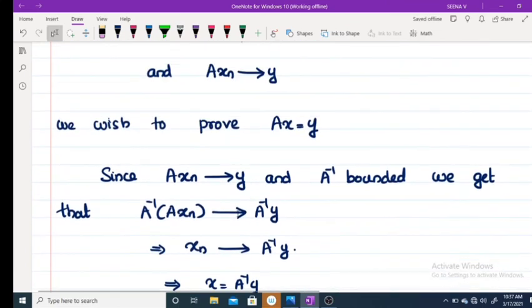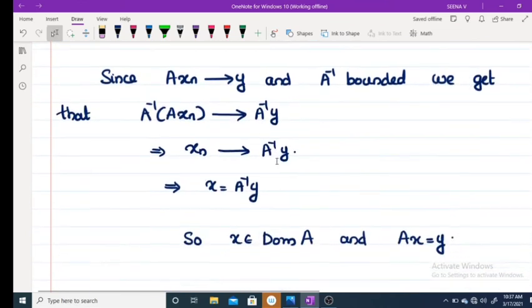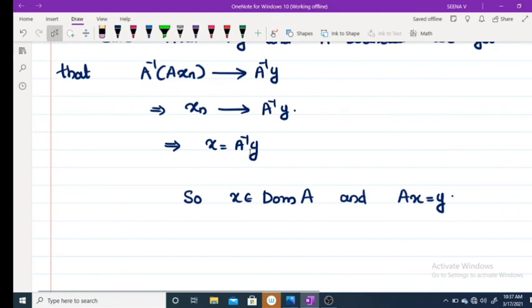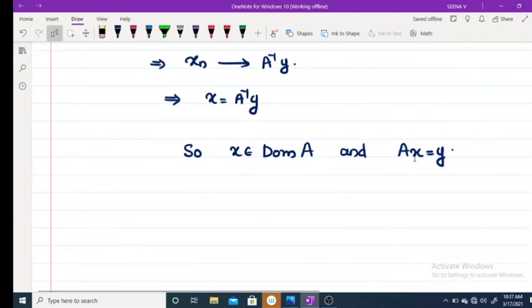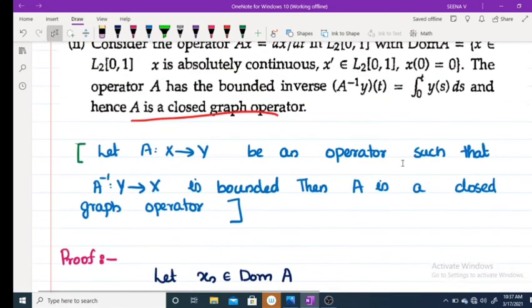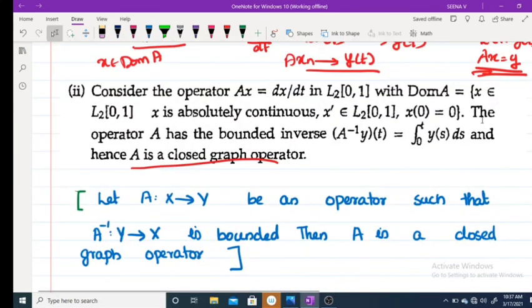Here xn converges to x and xn converges to A inverse y. This implies x equal to A inverse y. That means x belongs to domain of A and Ax equal to y. Therefore, if A is an operator such that A inverse is bounded, then A is a closed graph operator.